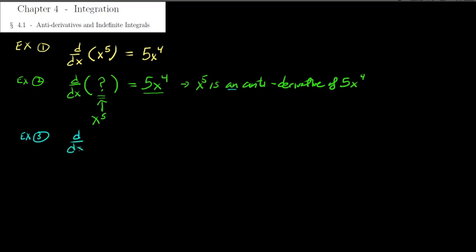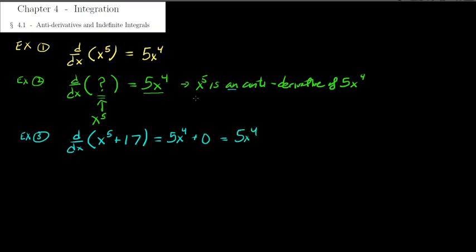So, for example, if I take the derivative of x to the 5 plus 17, well, the derivative of x to the 5 is 5x to the 4, and the derivative of 17 is 0, right? The derivative of a constant is 0. So this is also just 5x to the fourth.